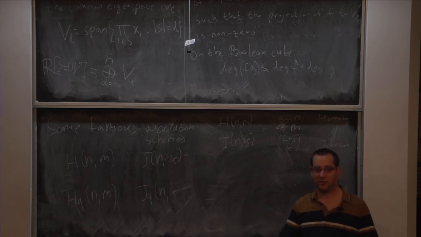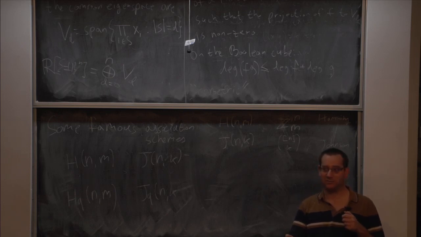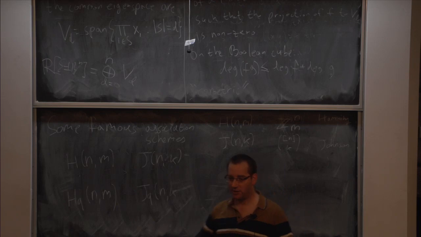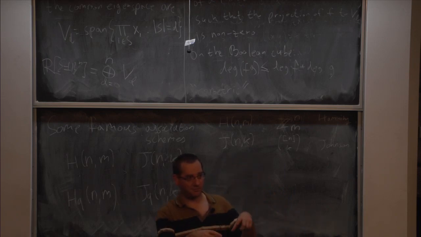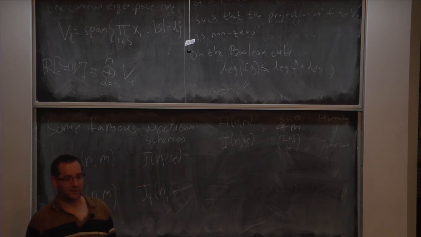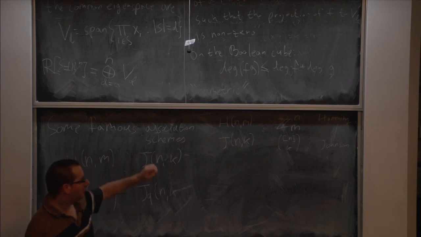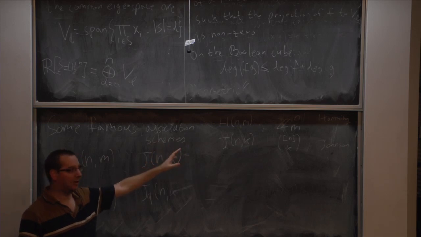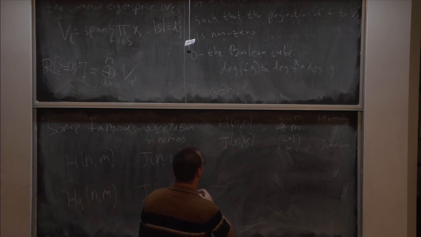And you connect two of them if their symmetric difference is 2, or if you think of them as sets, if their intersection is k minus 1. So the distance between two sets is k minus the size of their intersection. I'm going to talk more about this later, so I'm not going to say anything more now.